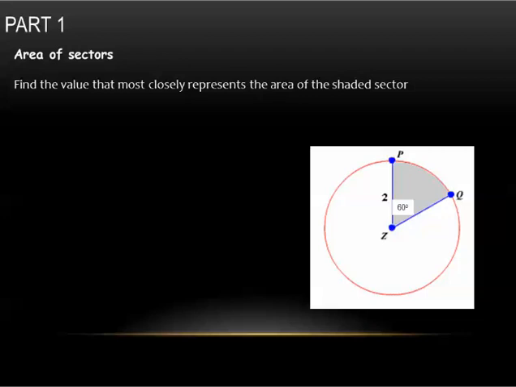Okay. So if you've got the degree measure, that's really what you need to figure this out. So I'm going to have the degree measure over 360. 360 is always what you're going to put in the bottom, equals the area of the sector over the area of the circle.